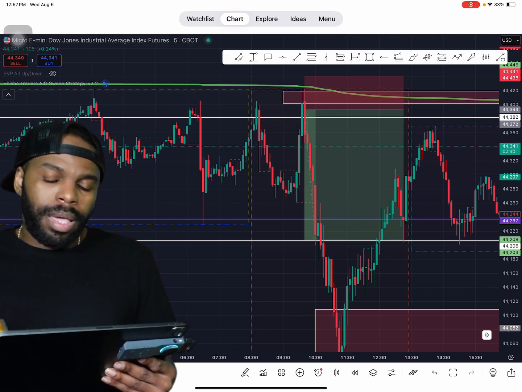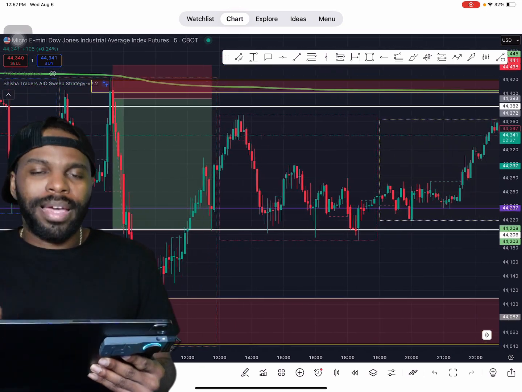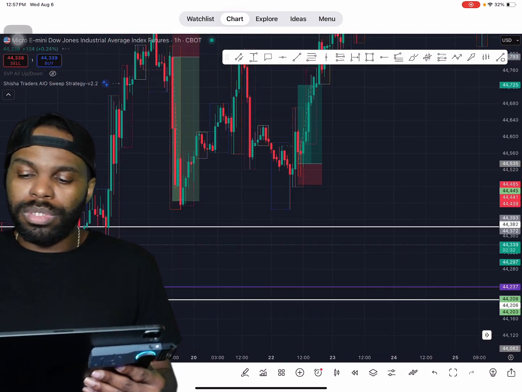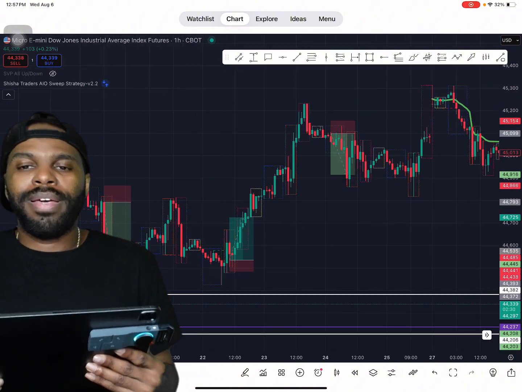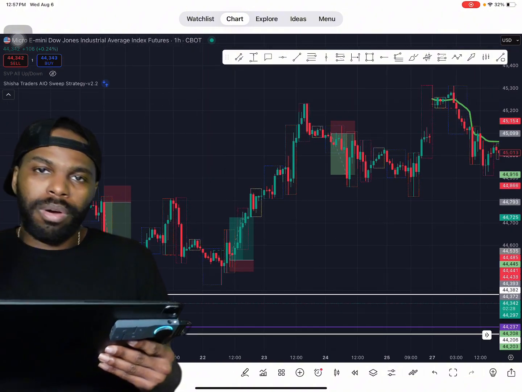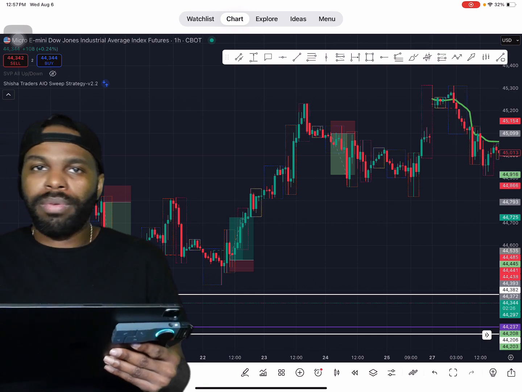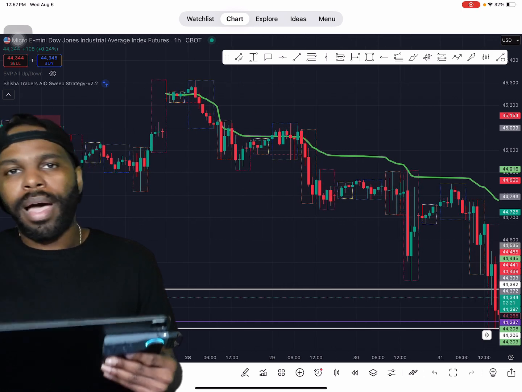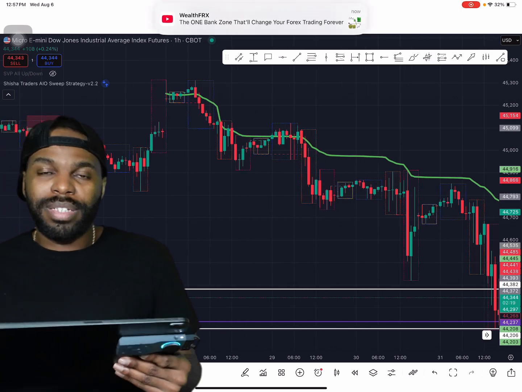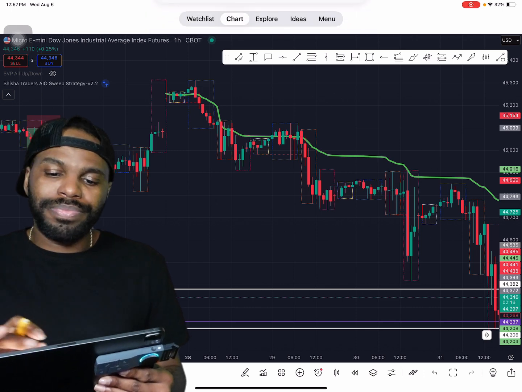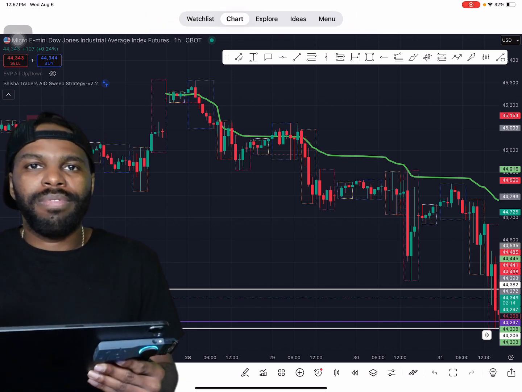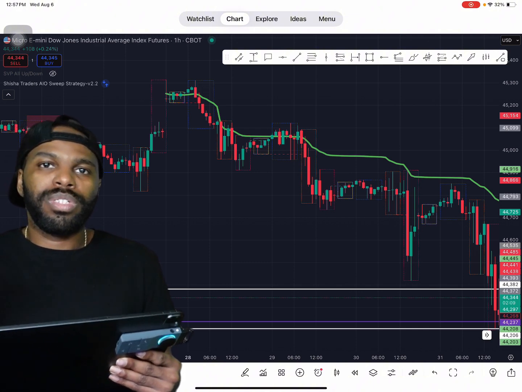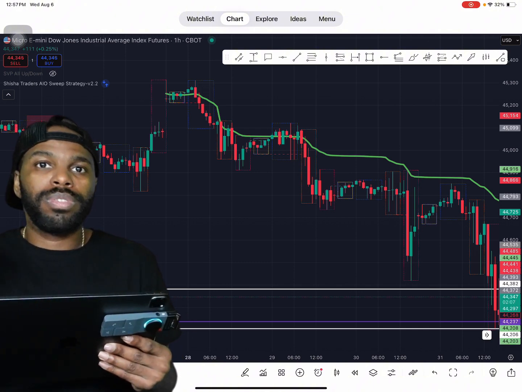All right, and again, I like to also draw my previous U.S. session highs and lows, and I look for either a rejection off of the zone or I look for a break and retest, and I take entries off of those zones. Then I go to the session volume profile indicator, and I mark up those key levels like the value area high, the value area low, and then the point of control, and then I usually target either one of those levels.